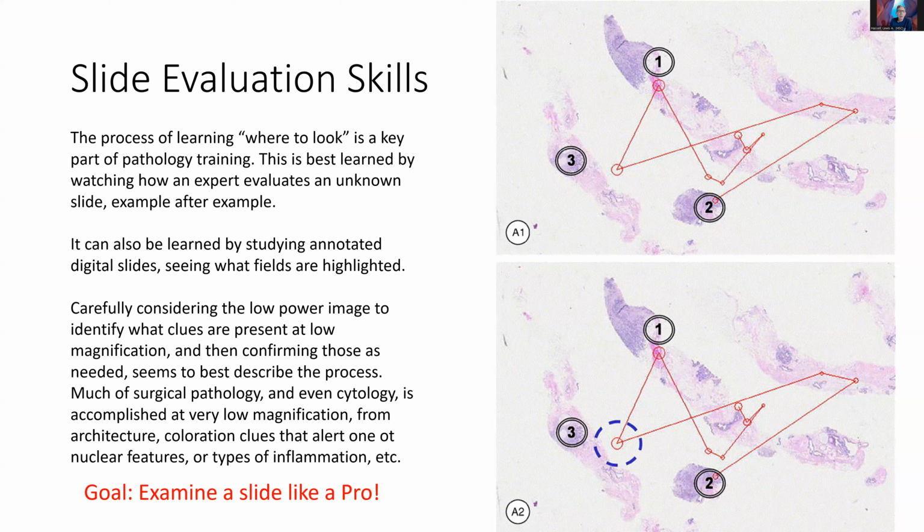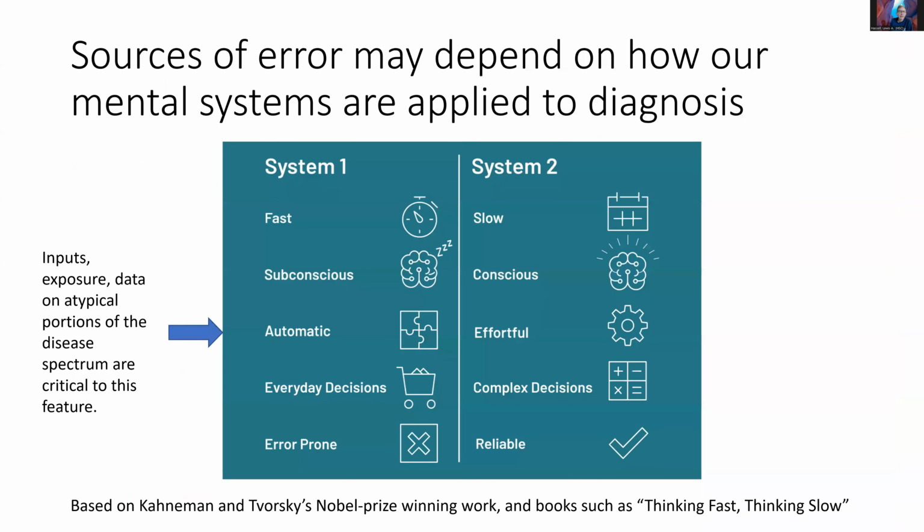Now, this is particularly important to pathologists because most of the time, truth be told, we're operating using system 1. It's the fast system. As my colleague said, if you don't know the diagnosis within the first 3 seconds of looking at that slide, you're probably never going to get the diagnosis. We operate from system 1. We know it's abnormal, and then we may refine how it's abnormal based on a few high magnification fields.